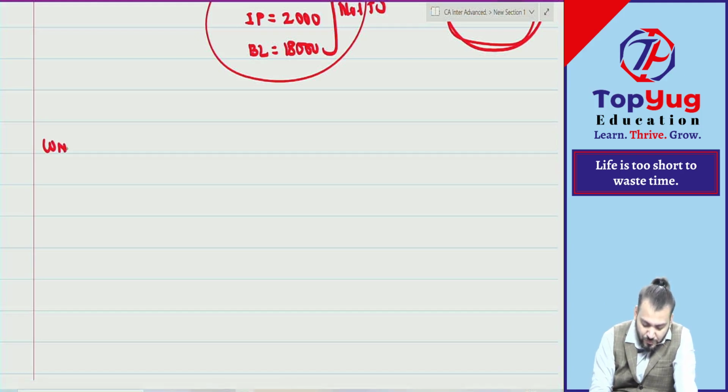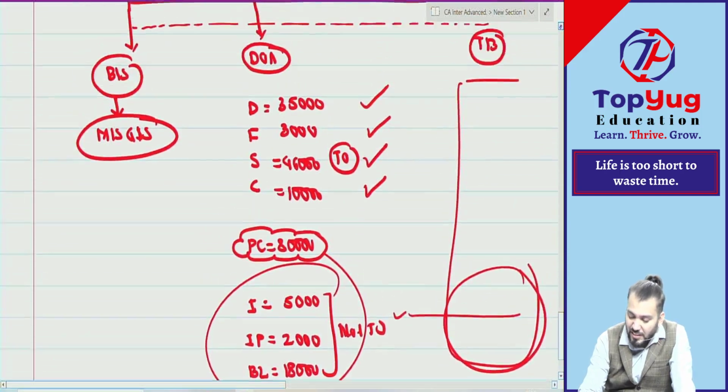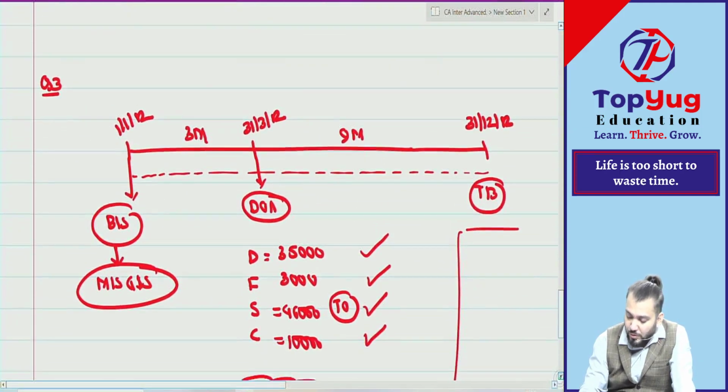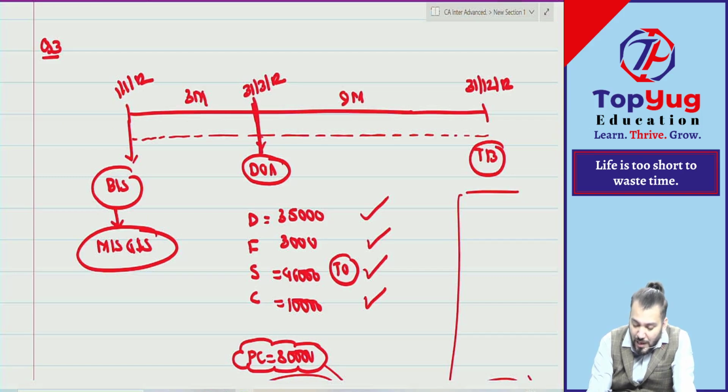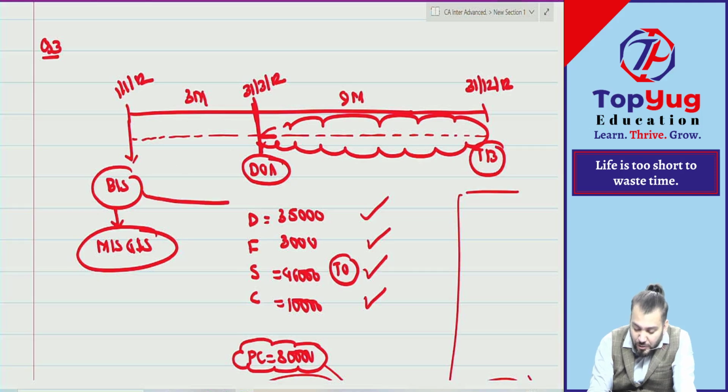So can you say first what we can do? If you see, we need to first apply the same set of books, but this is the date of acquisition. So we need to apply the same set of books from this date, which means first we need to update this balance sheet to this date. So this is the updation concept.